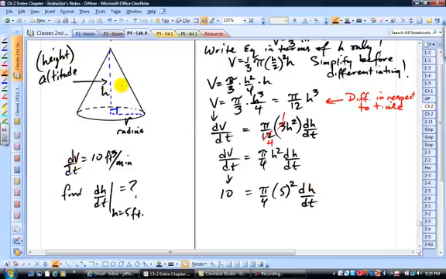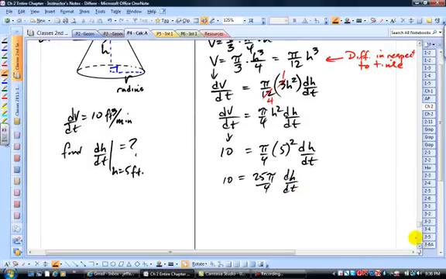So we have 10 equals 25 pi over 4 times dh/dt. And then of course I want to multiply by the reciprocal, so that's 4 divided by 25.